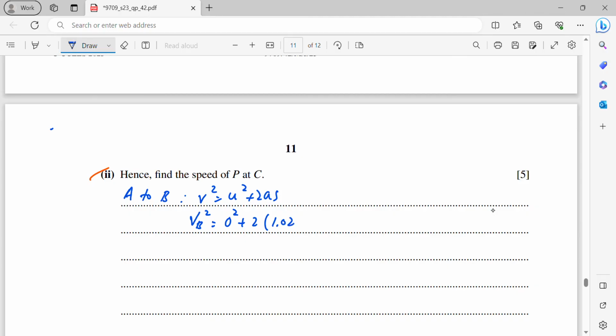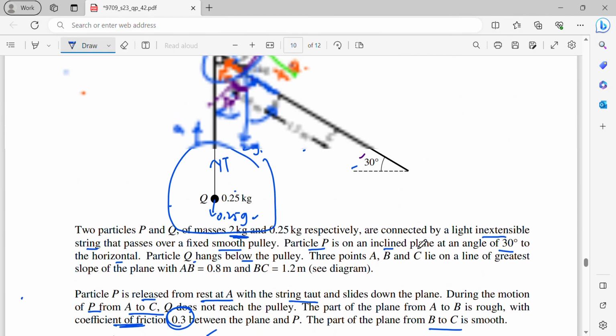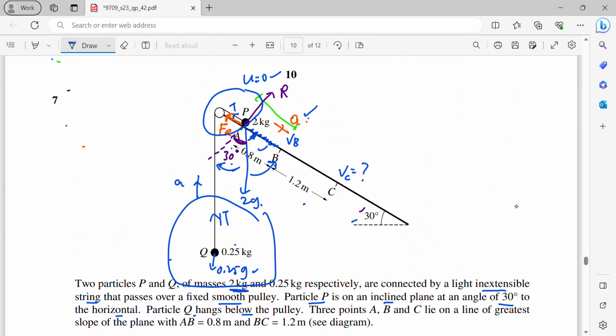So 1.024, the S is given, which is 0.8, because the distance from A to B is 0.8. Then from here, I get 1.6384. Therefore, my VB is 1.28 meter per second. So once I found the VB, okay, I found the VB 1.28.